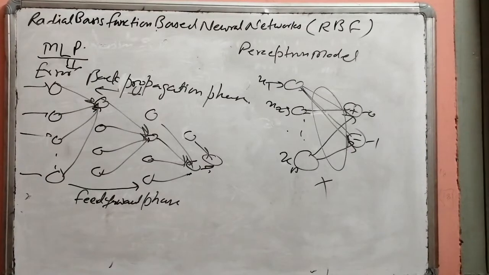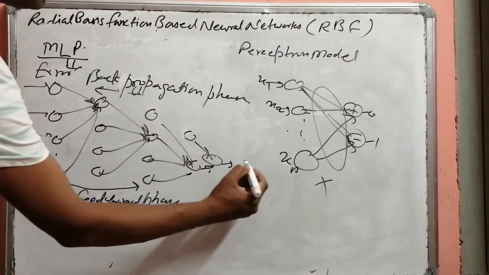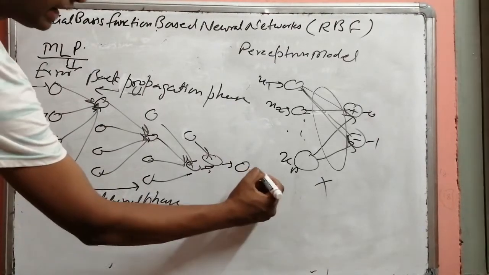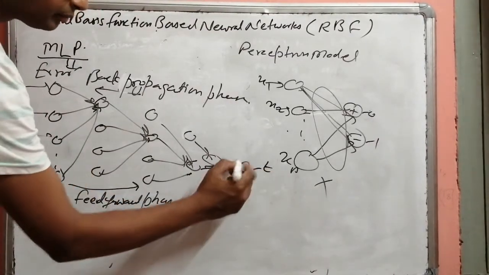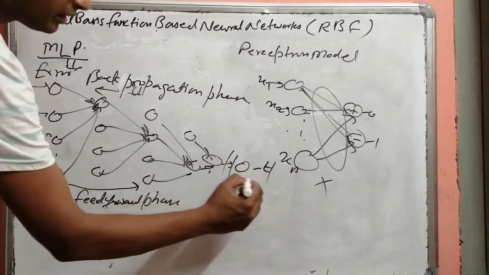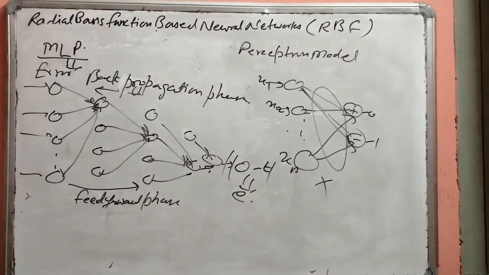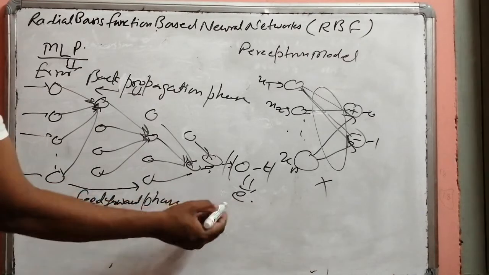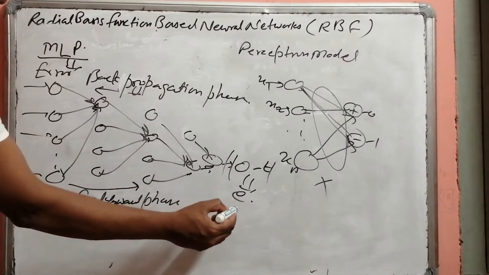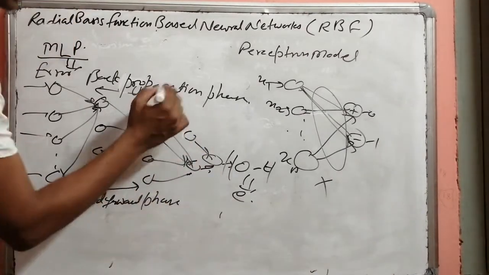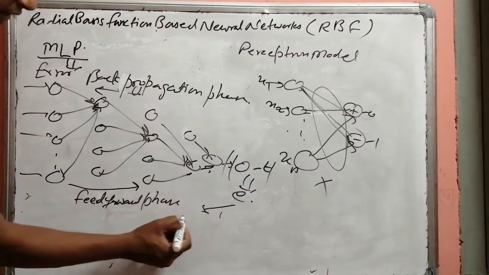So your multi-layer perceptron tries to classify the patterns by adjusting the difference between the output being generated and your target. This results in a term called error. This error is to be reduced by the back propagation algorithm, which works in the backward direction.